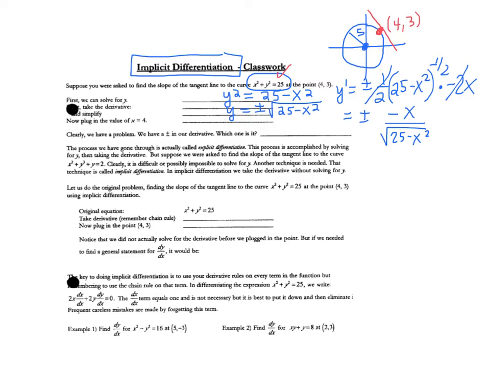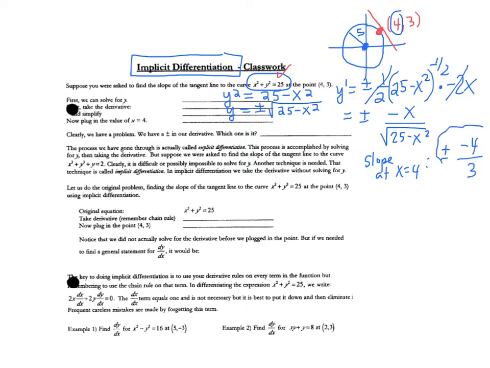If I were to take my x value of interest, which is 4, and put 4 into this, so my slope at x equals 4 would give me plus or minus negative 4 all over, in the bottom here, 25 minus 4 squared, that's 25 minus 16, which is the square root of 9, which is 3.